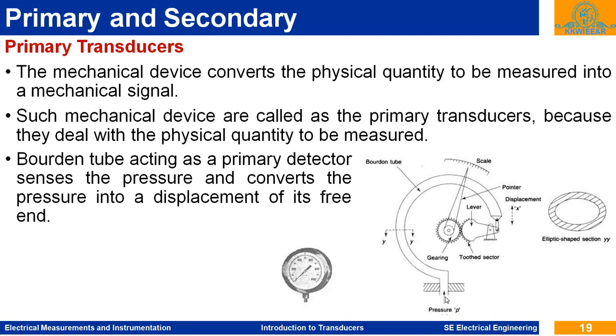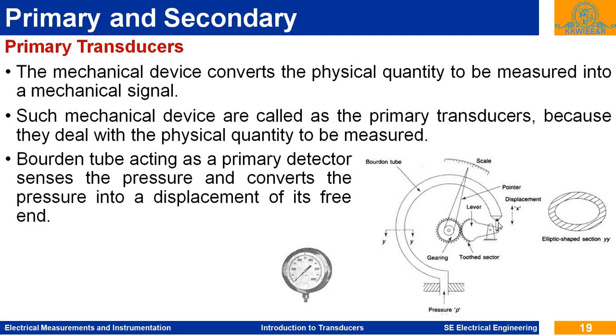In that particular pipeline, this end is connected, and the other end is free. It is connected with this gearing mechanism, and at this gearing mechanism, a pointer and scale are there. When the liquid or air or gas enters this Bourdon tube, the free end of this tube gets expanded.